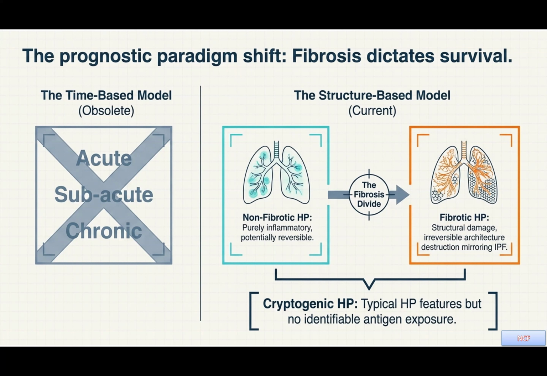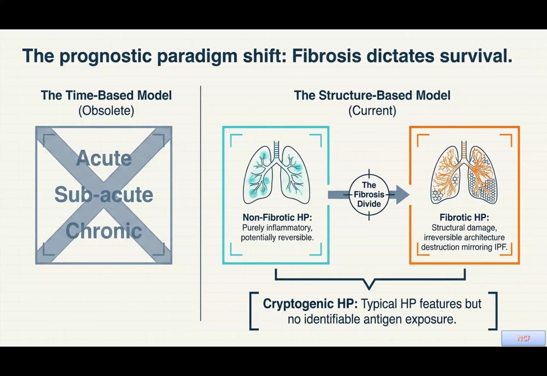of hypersensitivity pneumonitis. We have moved away from the obsolete time-based model that we used to initially study, the acute, subacute, and the chronic hypersensitivity pneumonitis, because it failed to predict the outcomes accurately. Instead, now we have moved on to the structural based model where the fibrosis dictates the survival.